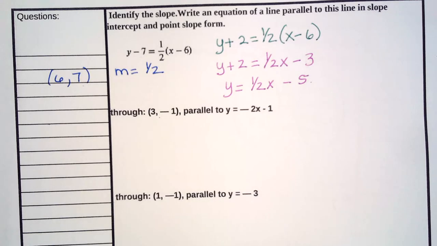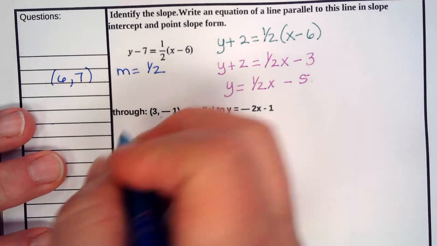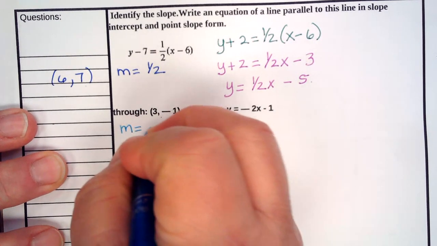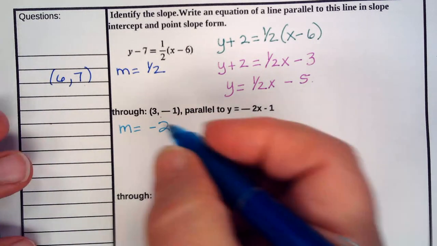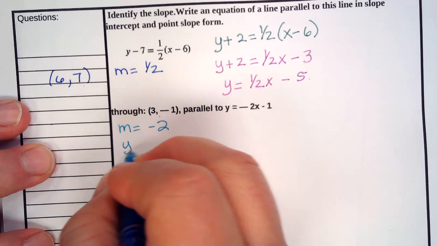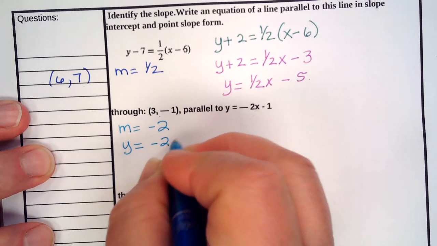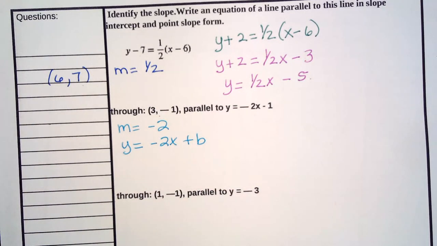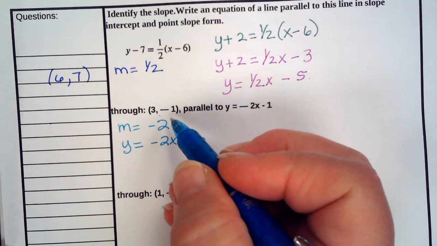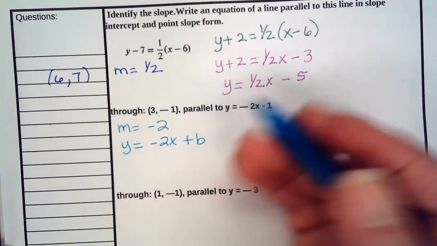Step 1, identify your slope. M is equal to -2. Step 2, we know that y is equal to -2x plus b. Now I've got to find b. I do know one point that I can use to find b with, the point 3, -1.